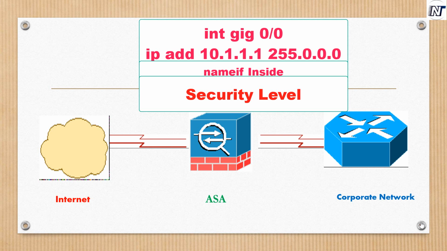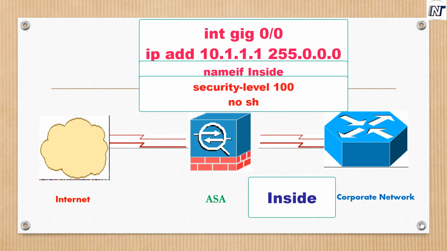In order to have the interface up and running, you need to have the nameif command and a security level. Suppose you have a blank interface besides your nameif, then by default it will set the security level to 0. Actually, for all names except inside, it will set the security level to 0 by default. Inside is the special name.